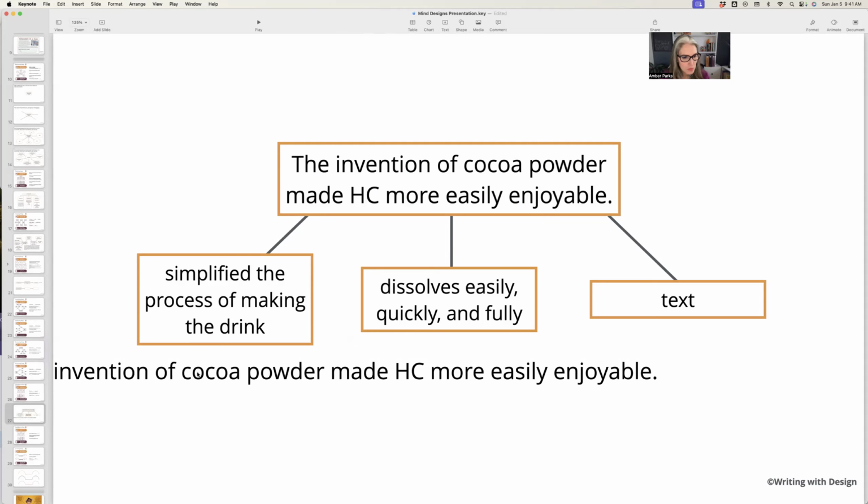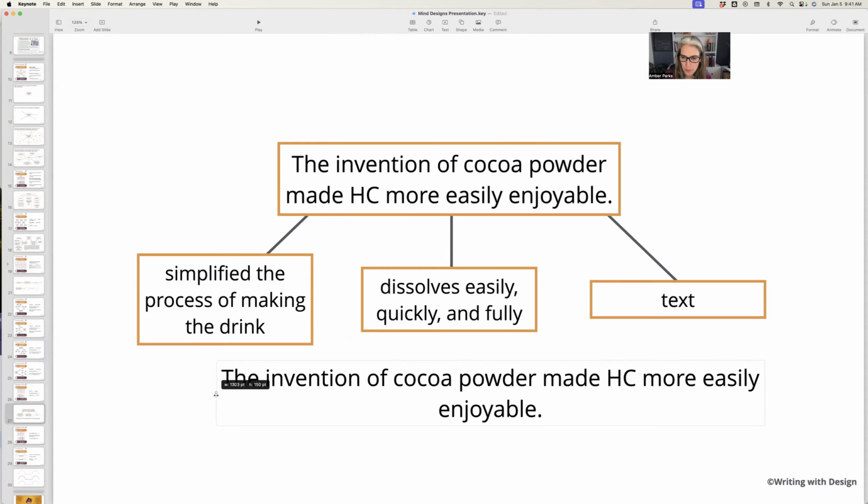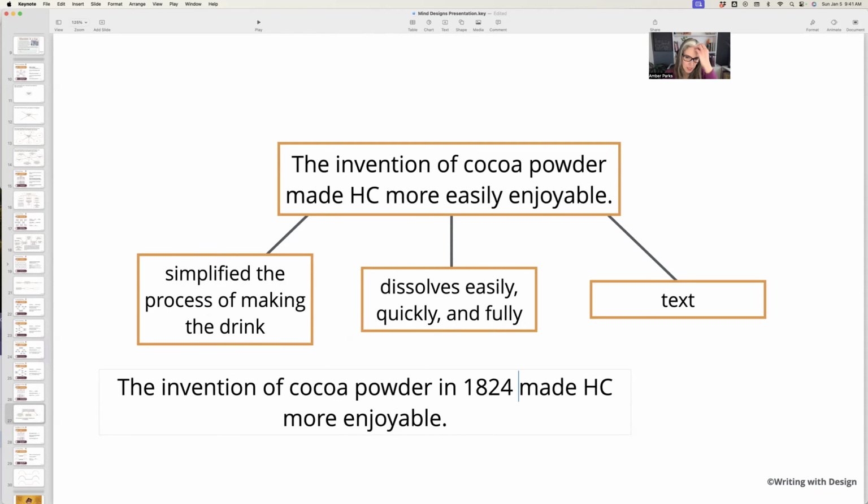Okay. The invention of cocoa powder made hot chocolate more enjoyable. Let's take out the easily. More enjoyable. Okay. And I'm going to add in 1824, made hot chocolate more enjoyable.